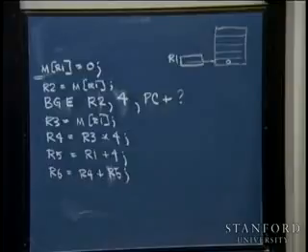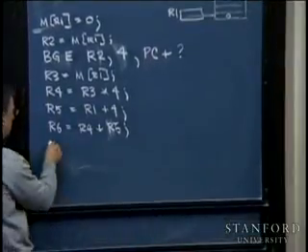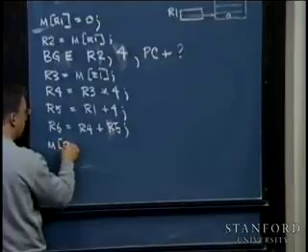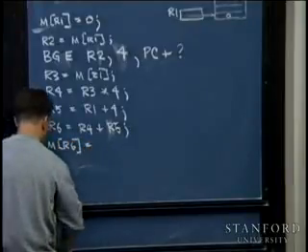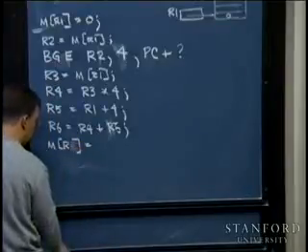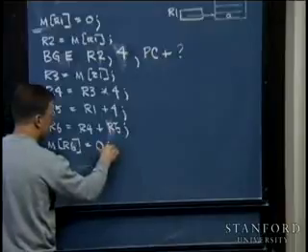Every single iteration, R5 gets the same value every single time, but R4 certainly does not. So that means that M of R6 is equal to 0.